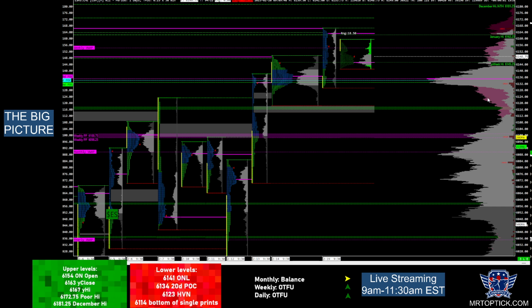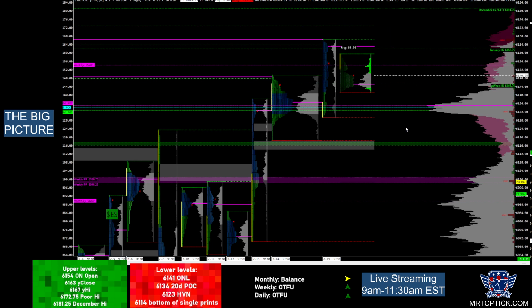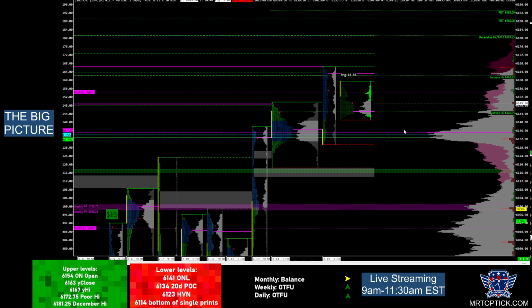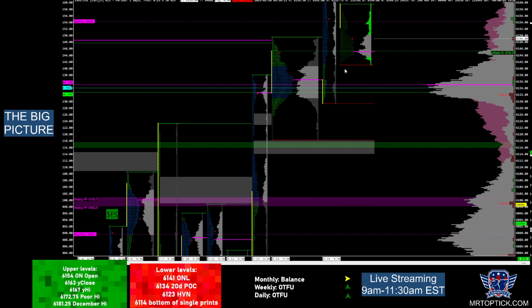So that's in my opinion one of the best setups that I've found while studying auction theory. If you're looking at that, you really have good spots to lean on, and you can look for some structure in the lower time frame that sets up once we break below here.